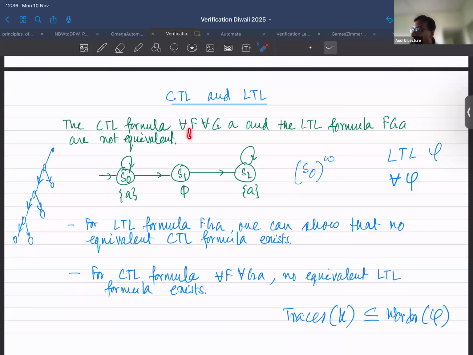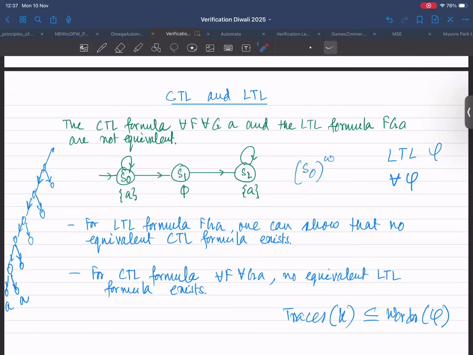So this is a path, and for this path you look at the path formula: eventually, for all paths globally A. You look at whether there exists some point such that all the things it can do in the future, along all its branching, it will be able to do an A. So CTL in some sense talks about the branching properties: at different points in time, what are its abilities, whether it can do the A along all the paths. Make sense?